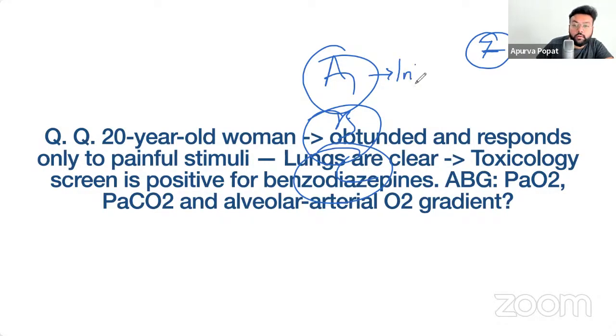Intubate the patient and ventilate. You would also stop the drug sources, of course. Depending on the drug and when the patient came to you, you can also do gastric lavage.